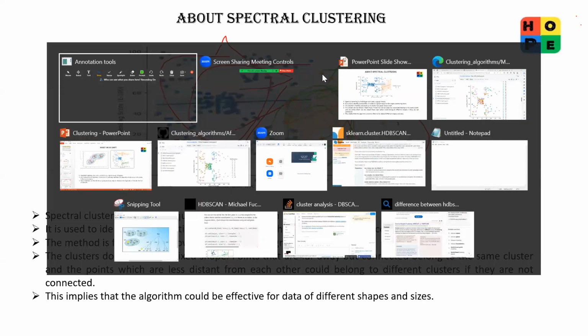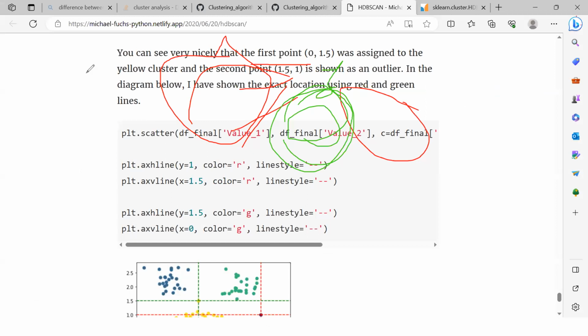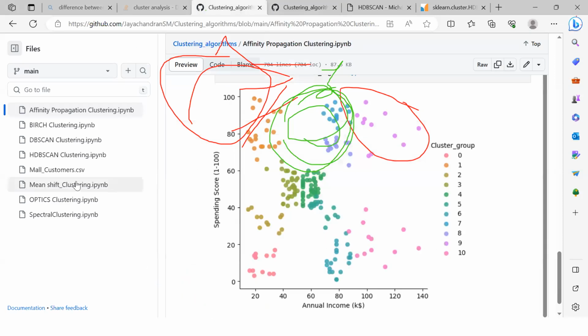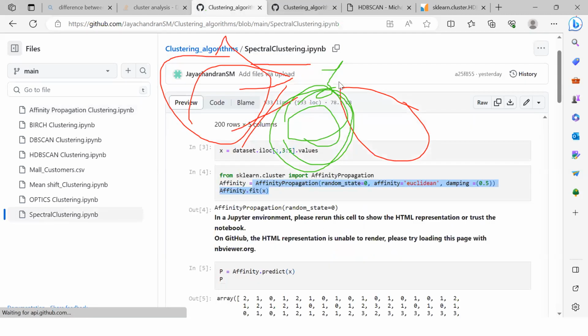Now, I would like to take you to the source code. I will just give an explanation about spectral clustering. Just give me a second, let me open it up. So, spectral clustering, once again.